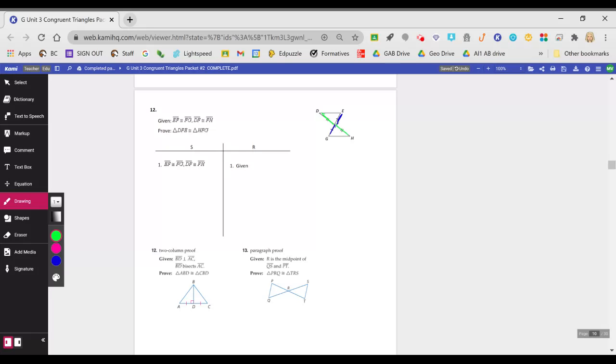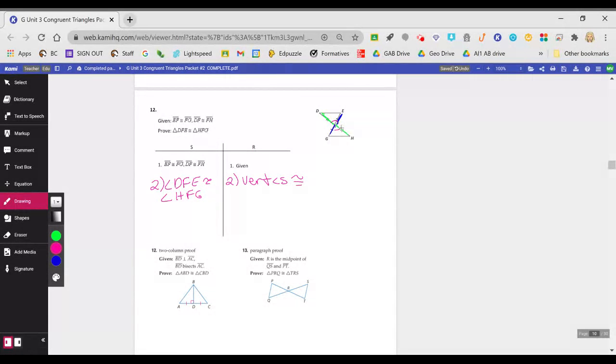Well, if we look at that diagram, hopefully you see that we have vertical angles. I know that angle DFE is congruent to angle HFG. And that's because vertical angles are congruent.